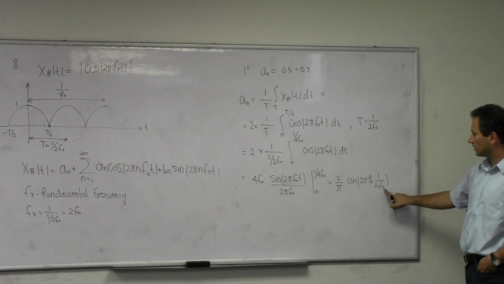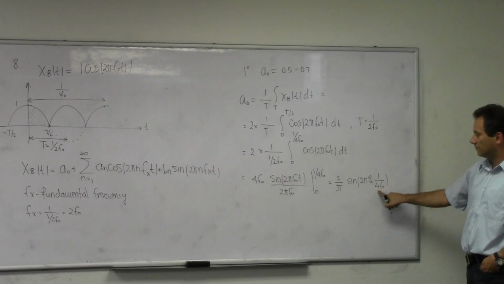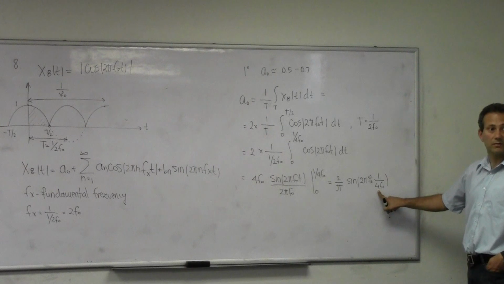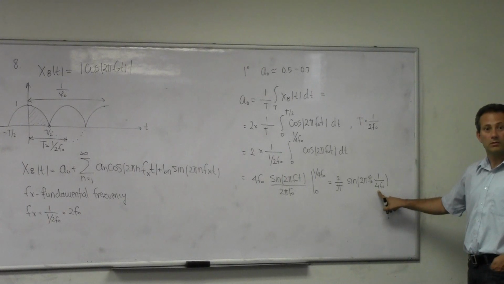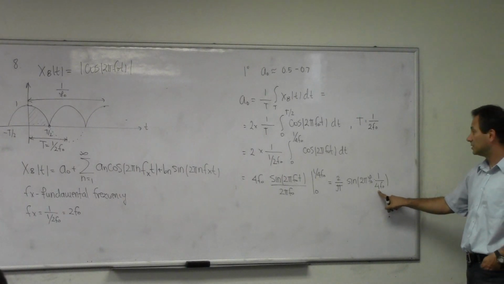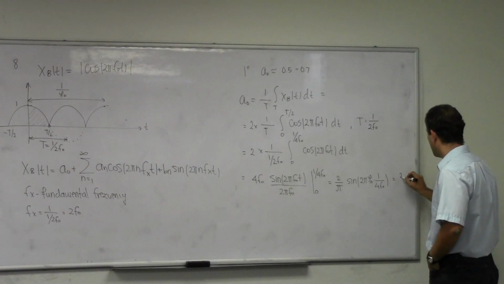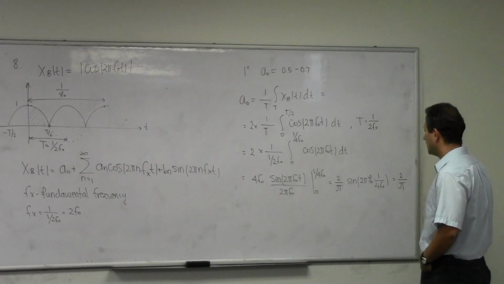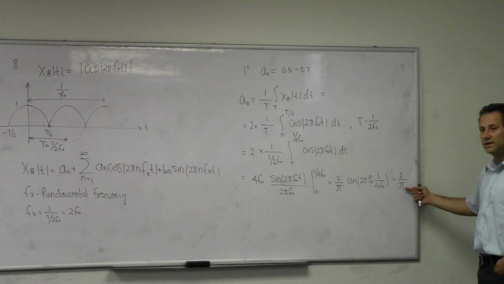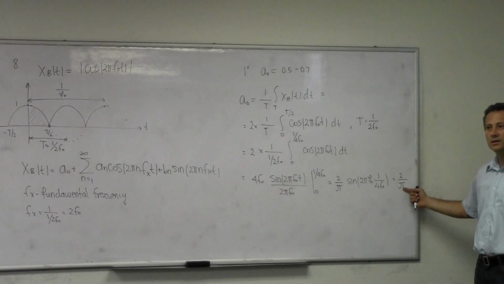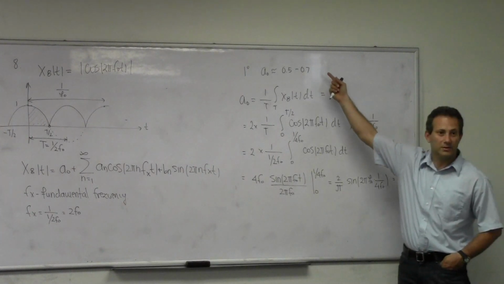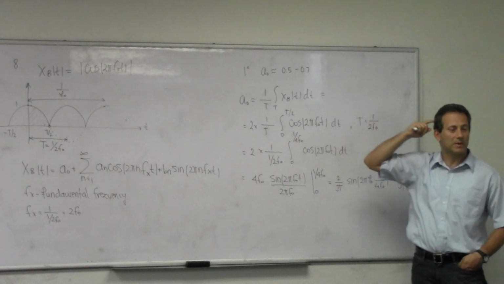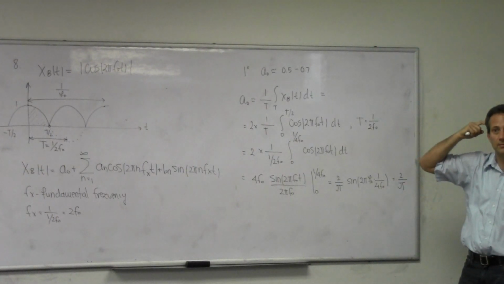The f0 and f0 cancel, pi divided by 2 is pi over 2, and sine of pi over 2 is 1. So this whole thing is 2 over pi, which is about 0.6, right? So we are in this range, and I'm comfortable that this result is good.